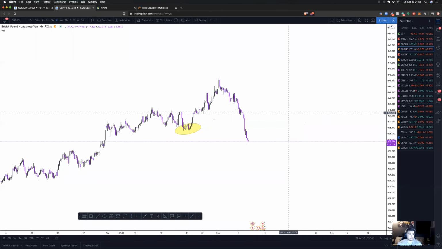Pretty much like Jordan just said, you're building your confluences from the higher time frame down to the lower time frame for everything to make sense. If I'm seeing that the higher time frames are bearish, me looking for buys is a little weird, unless you're scalping the lower time frame, which we'll get into later. But overall, when you're looking at structure, you typically want to follow the trend.